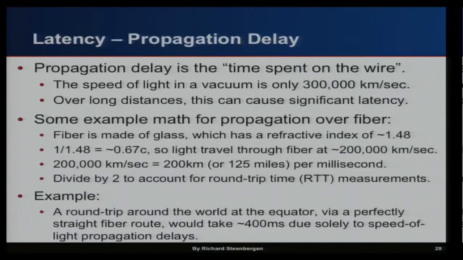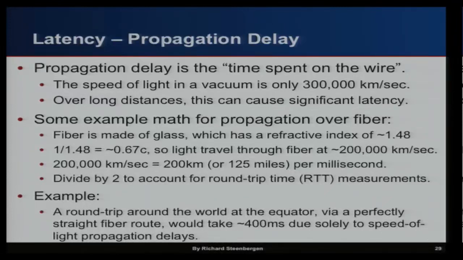And the third form of latency is propagation delay, the time spent on the wire. So really the math here is pretty straightforward. It's the speed of light. So if you want to know how the math works for fiber, fiber is made of glass. I have a tutorial on that also, but it's two forms of glass. It's a core and a cladding, and they have different refraction indexes.